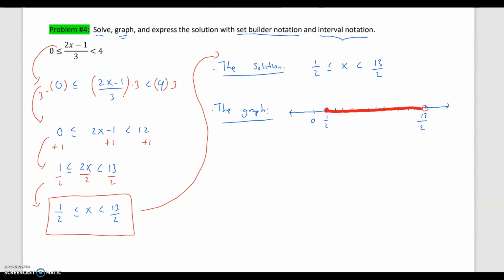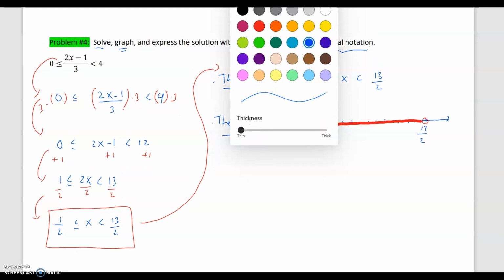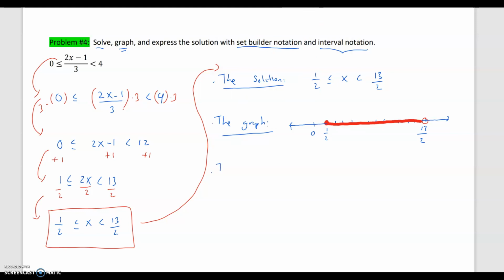The next portion is the interval notation, actually set builder notation. So in our set builder notation, we're just going to say that this is x such that we have 1/2 less than or equal to x less than 13/2, and technically x is an element of the real numbers.